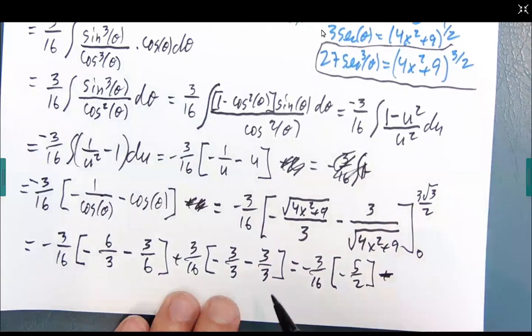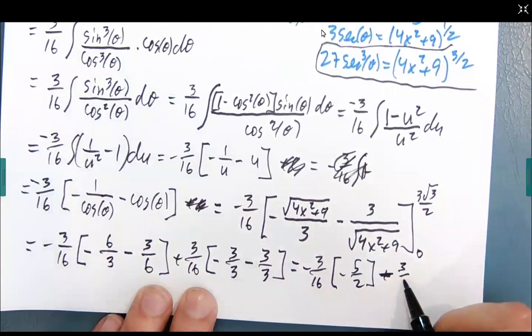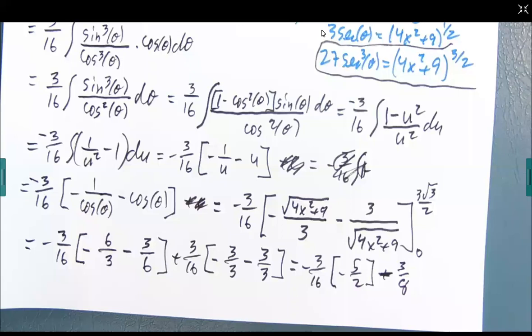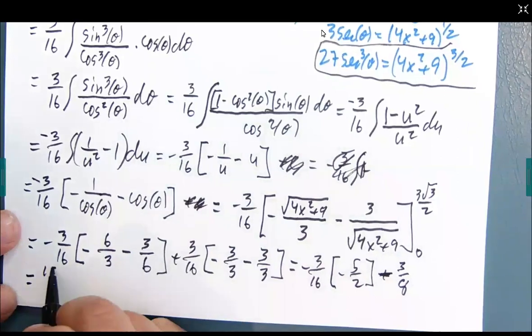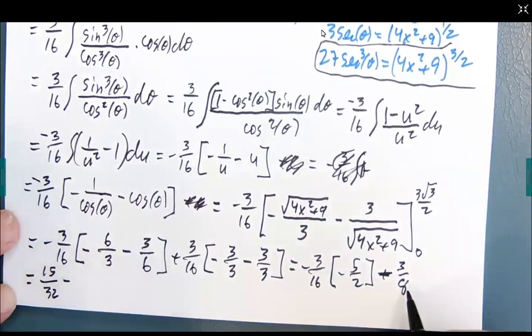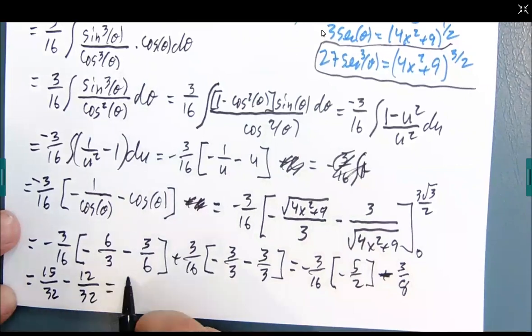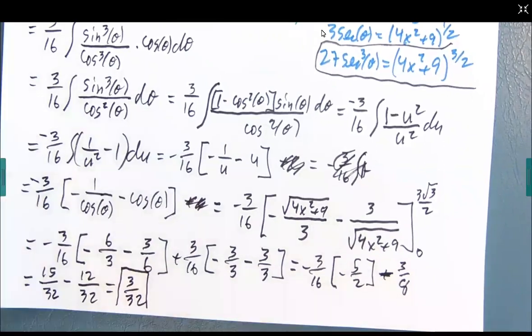Now 2 times, that becomes 3/8. Let's clean all that up. So that becomes positive 15 over 32 minus 3/8. That's going to be 12 over 32, which gives us 3 over 32. Wow, that one was involved.